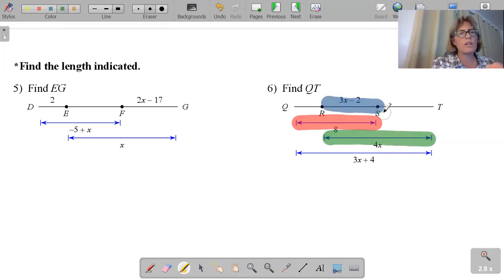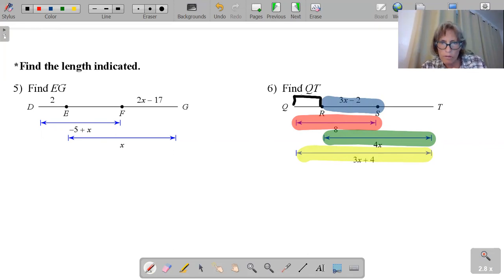and the green segment, and the yellow segment, and you can see that the red minus the blue will get you this QR. Red minus blue gets you the QR. Notice the yellow minus the green will also get you the QR.